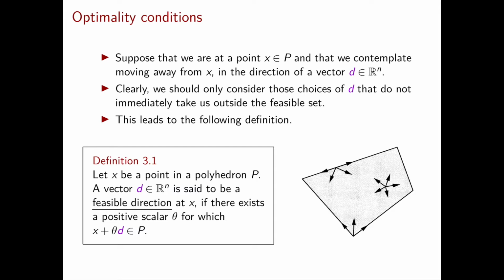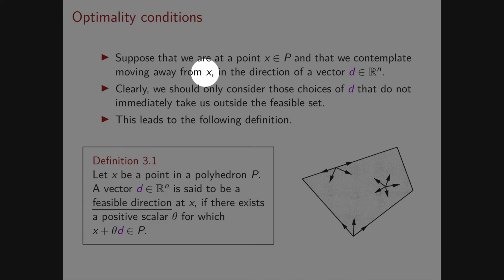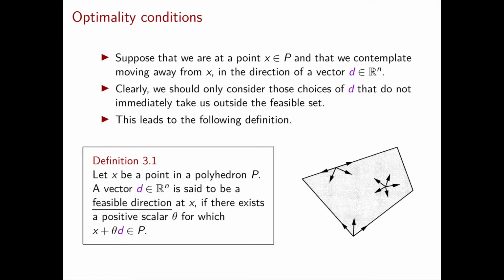So suppose that we are at a point x in P and we want to move from x in the direction of a vector d. Clearly our objective is to find a better feasible solution to our problem. So in particular, we want to move in a direction that keeps us inside the feasible set. For example, look at this picture here.